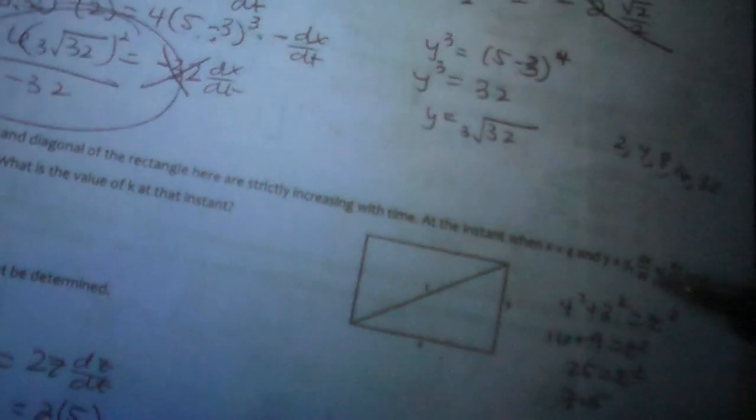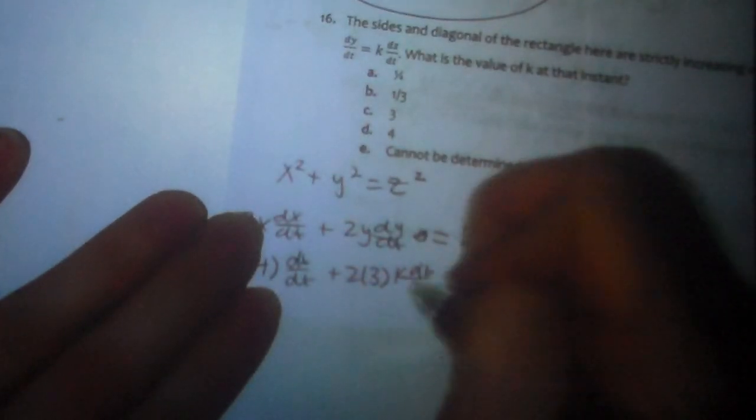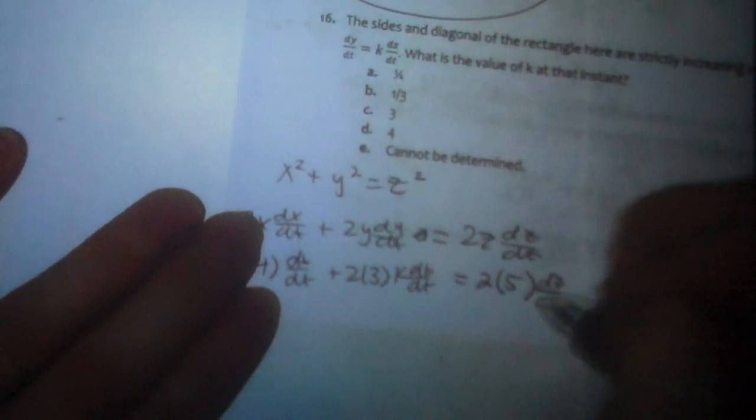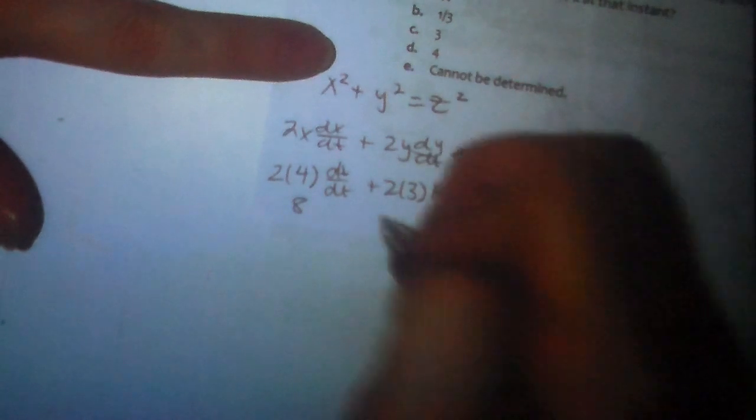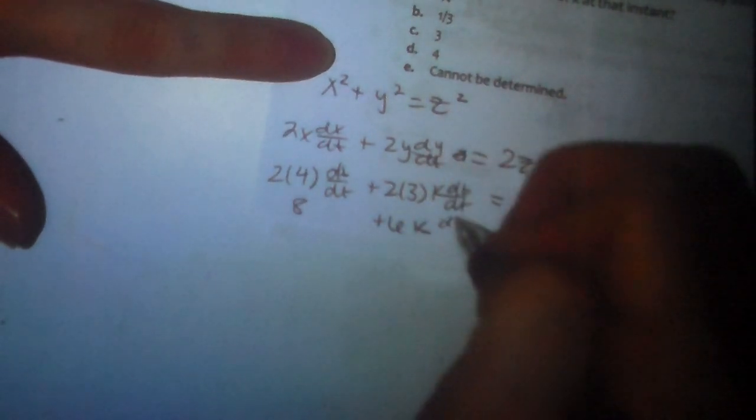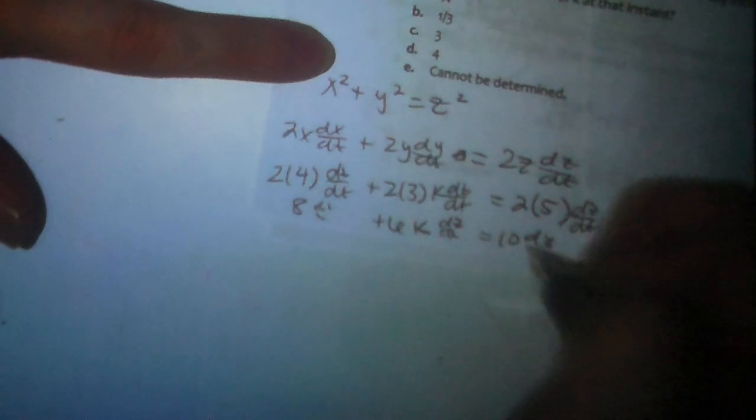Okay, now we're going to replace. dx dt is just dz dt. dy dt is k dz dt. And then dz dt is just dz dt. So then now I have this relationship. Let me kind of clean it up. This is 8, 6k, and 10 dz dt.